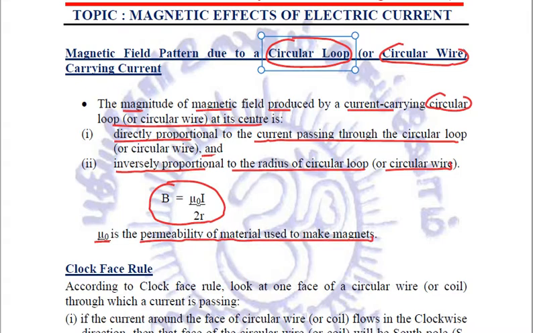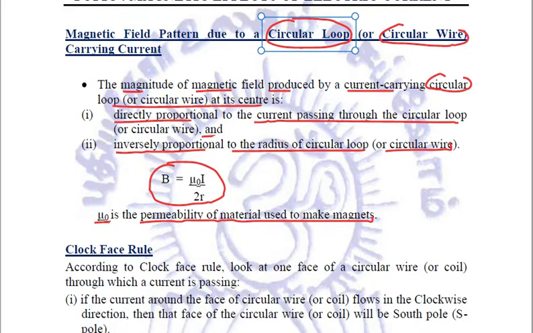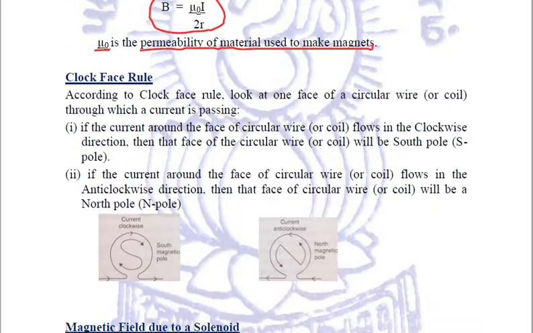Fine. Now, when we are talking about a circular wire, there is a clock face rule. According to this rule, look at one face of a circular wire or coil through which a current is passing.